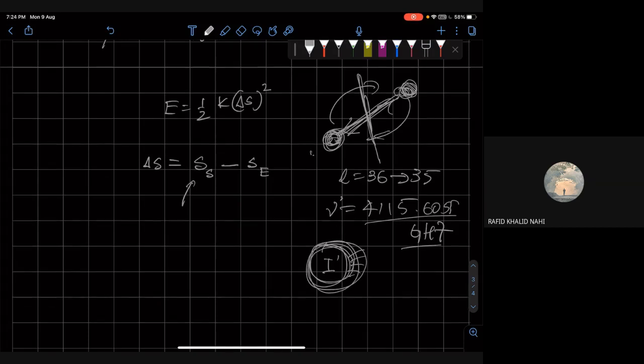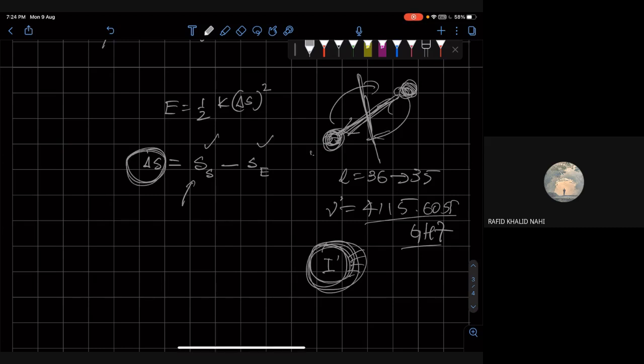Given that we know what I prime is, we can find out what S, the stretched S, is. Because we now know both of these S's, we can find out what delta S is.